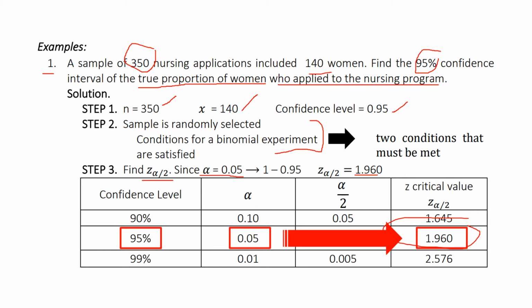That's why it is important for us to memorize this table, because even without the table, as long as there is a given value of your confidence level or your alpha, or alpha over 2, we can give right away your C sub alpha over 2 without a table, if we memorize it.